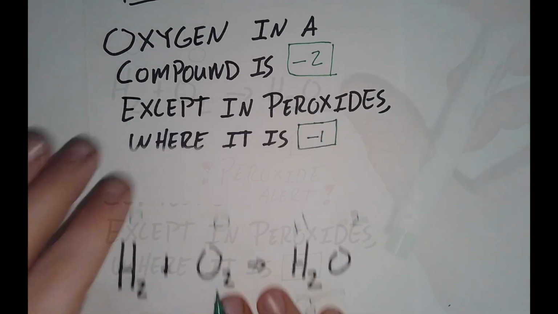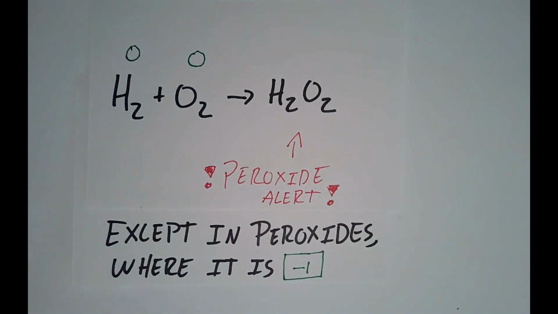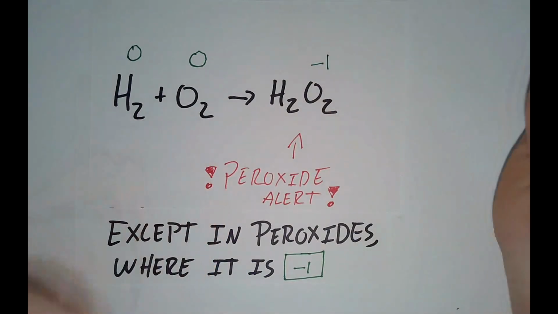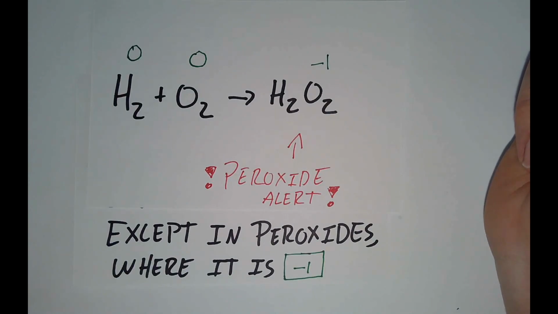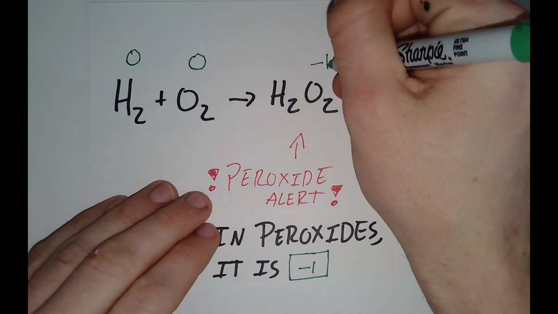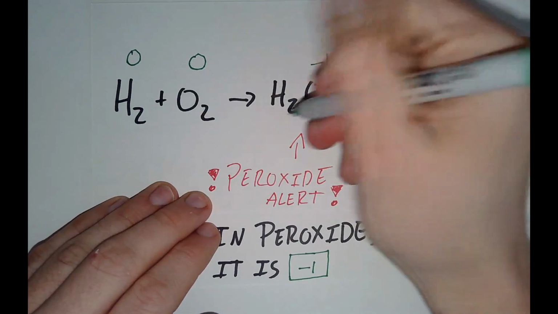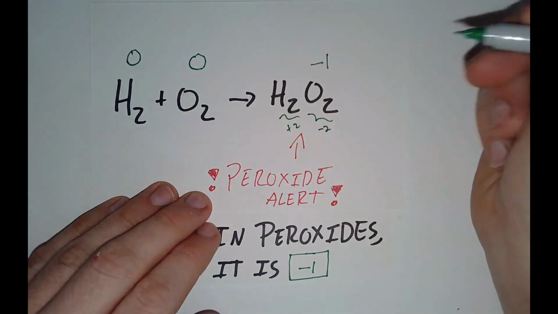All right, let's do another one. Uh-oh, I've got a peroxide. So this one's different. I know that in peroxides, this must be a -1. But if this is minus 1 times 2, this whole group here is like a minus 2, right? Which means this whole group here has to be a plus 2.